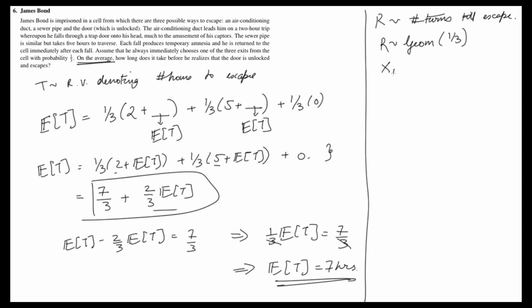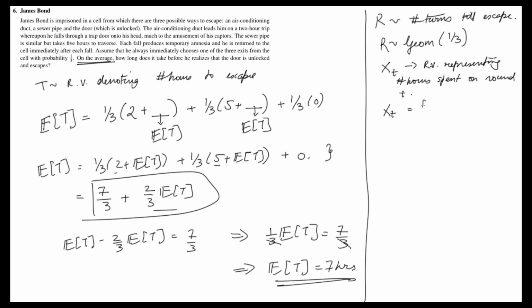So let's say X_t is the RV representing the number of hours spent on round t. So given that he fails on that round, because if he doesn't fail, X_t is just going to be equal to 0. Let's just say he fails.